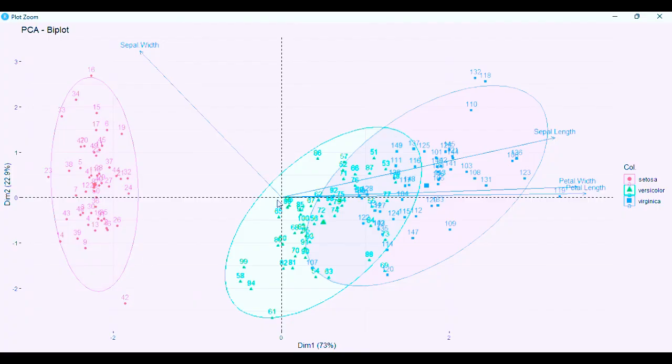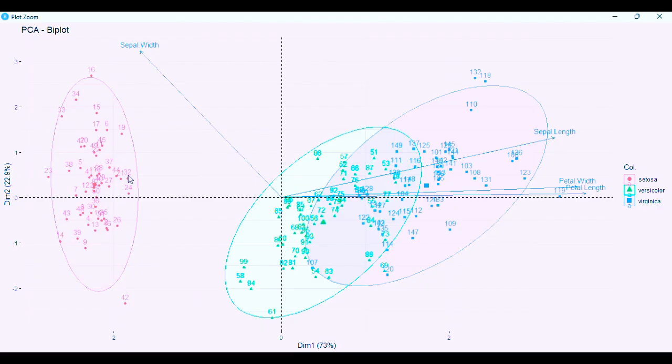And we have 4 arrows that represent variables. We have 3 colors, blue, green, and red, that represent species, either Setosa, versicolor, or virginica. Ellipses show group dispersion. I think we have overlapping information here.